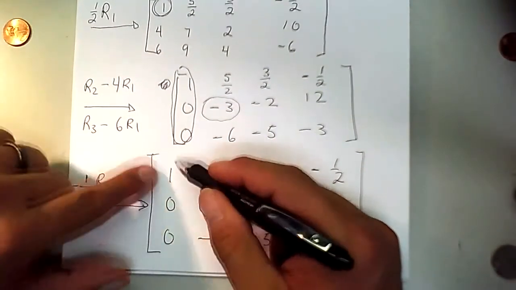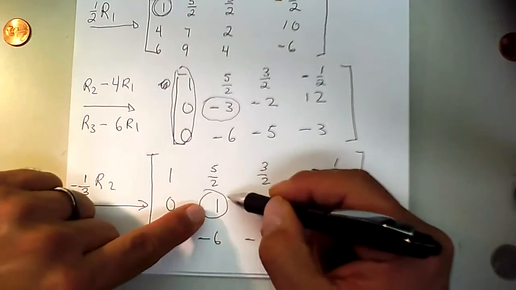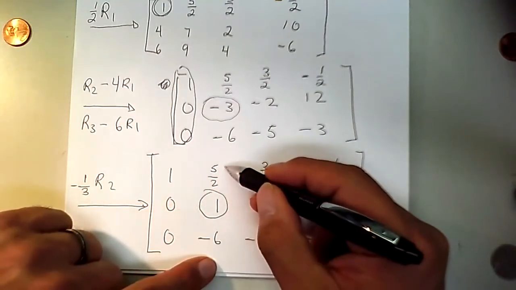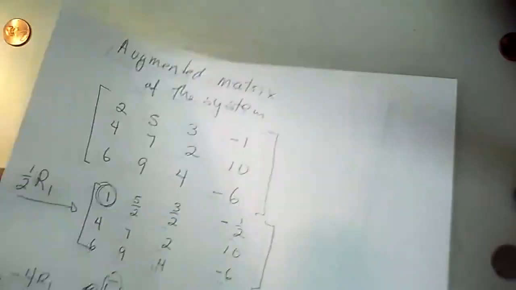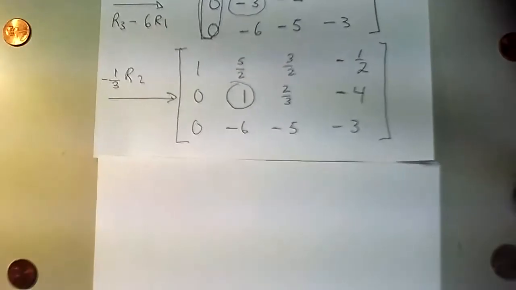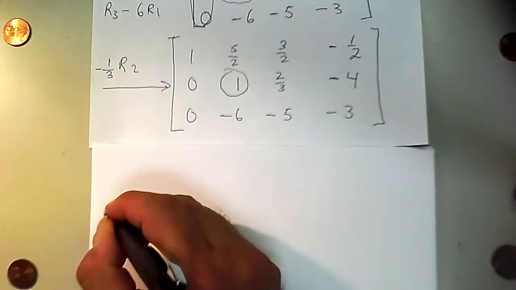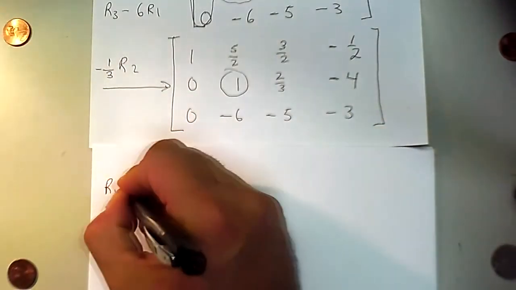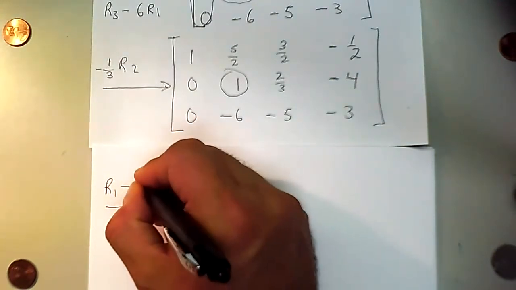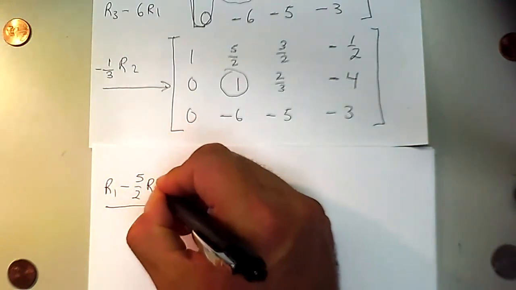Yeah, this one is already done. This position is 1, and now we're going to use this one to get rid of those two, the top and below the 1. Okay, so we will take the first row and subtract 5/2 the second row.